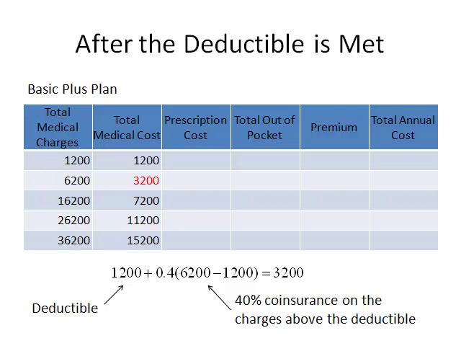For instance, let's examine the amount paid by the insured when the charges are $6,200. At this level, the insured party pays the deductible plus 40% of the charges above $1,200. This amounts to $3,200. The other entries in the column are calculated in a similar manner.